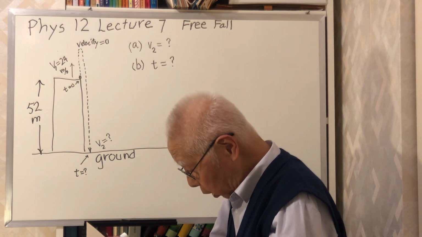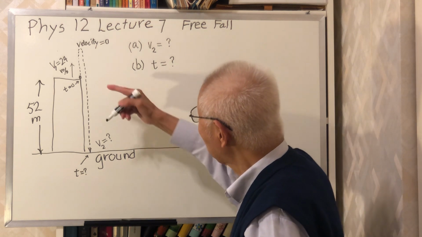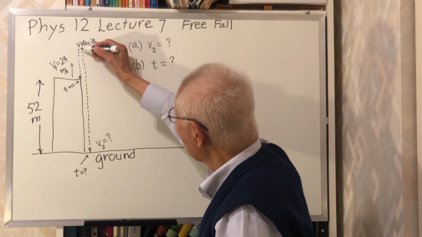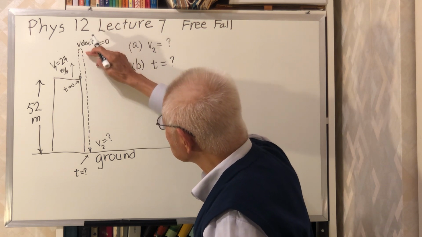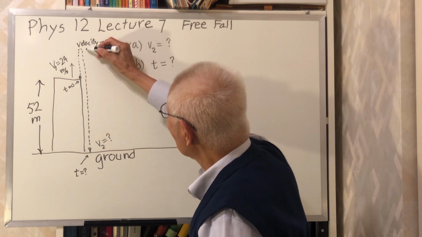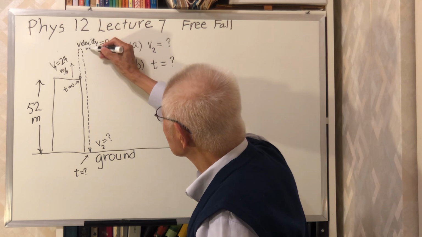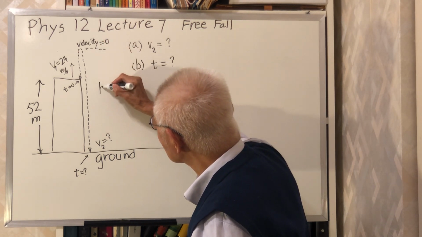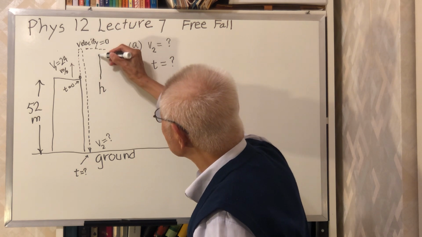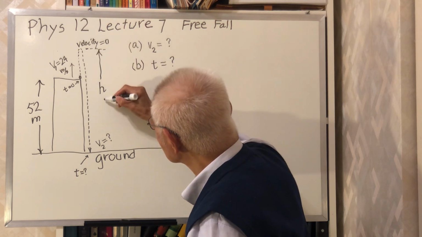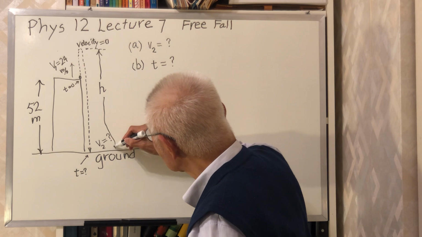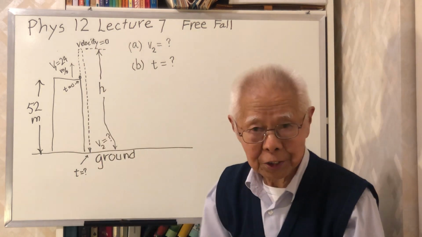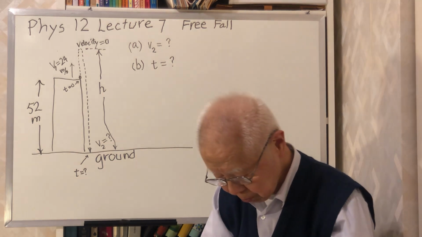Next, what I want to find? At this point, the velocity is 0. How high is this point from the ground? So I want to find this h. How high is the highest point? What is the height?